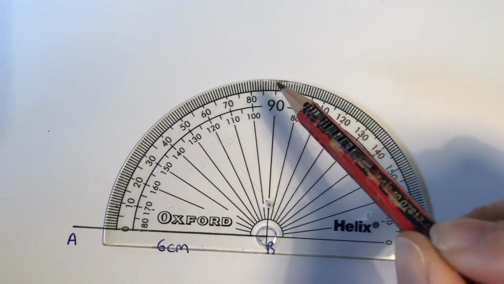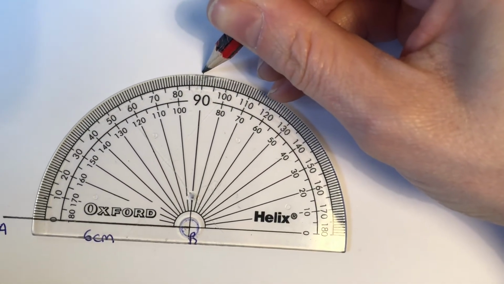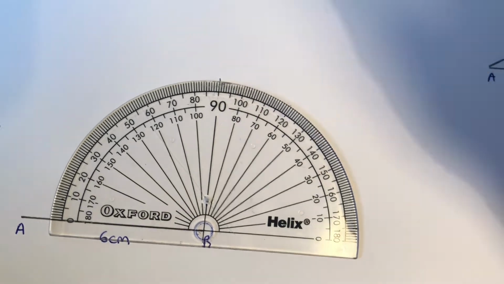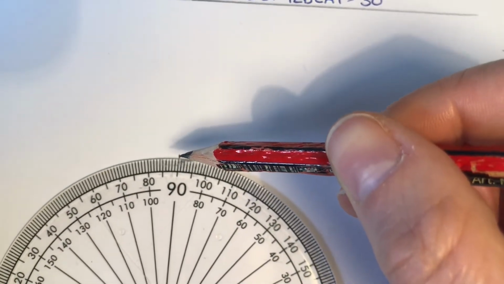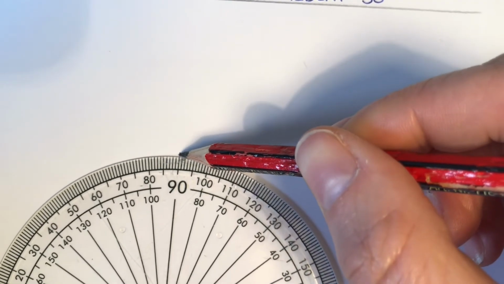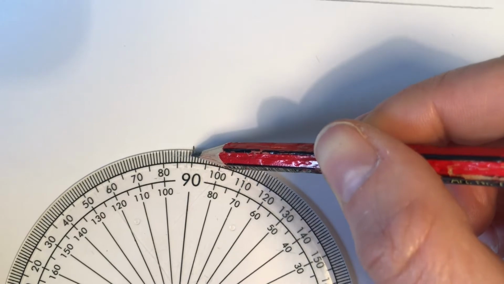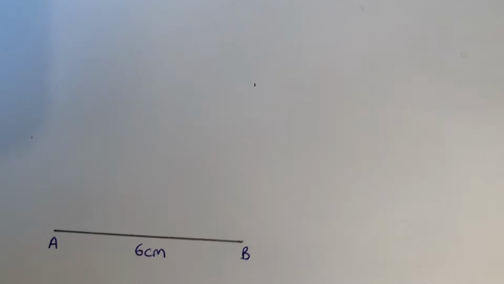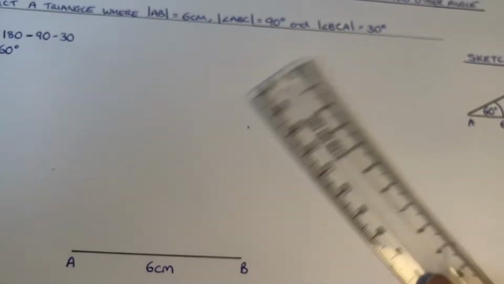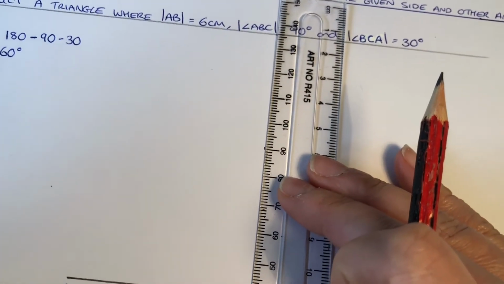So we go up until we meet 90, and we know 90 is right at the top, it's perpendicular. You can see that because my pencil is so sharp, I can really accurately put that marker, and it's definitely correct. It's like an extension of that line that shows it's 90 degrees. So then I can take it away, and I'm going to connect now my point B up with that little marker.